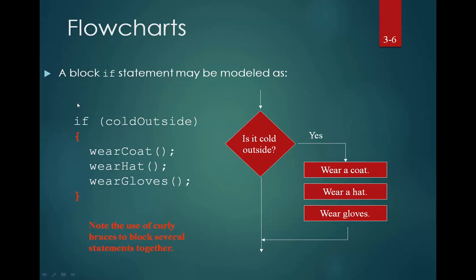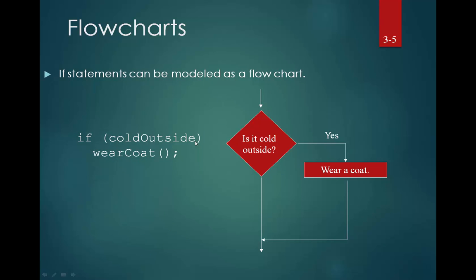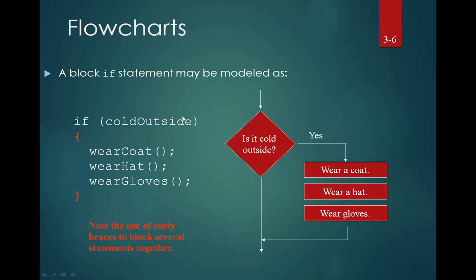So in our previous example, this if statement just does one command if the condition is true. If we use these punctuation marks, the curly braces, we can define a block of code, and then the if statement will execute that entire block of code if the condition is true.